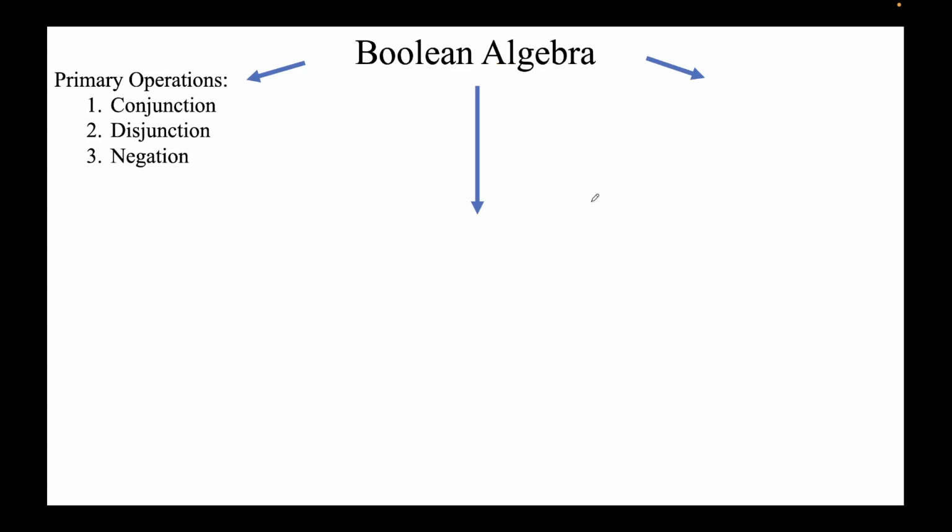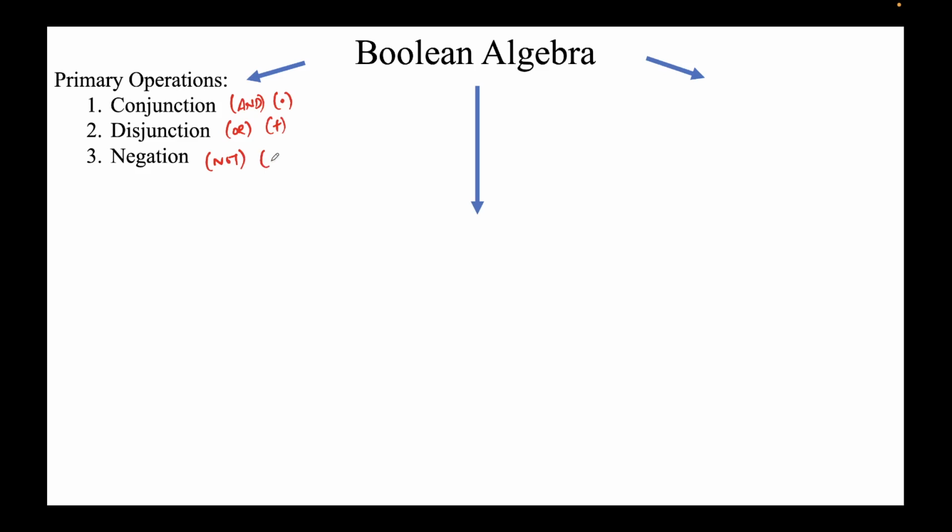In Boolean algebra, there are three primary operations. First is the conjunction, which is nothing but your AND gate or multiplication, that dot which we saw. Disjunction is nothing but your OR gate, also denoted by a plus sign. Negation is nothing but your NOT gate, which we saw in the second slide.